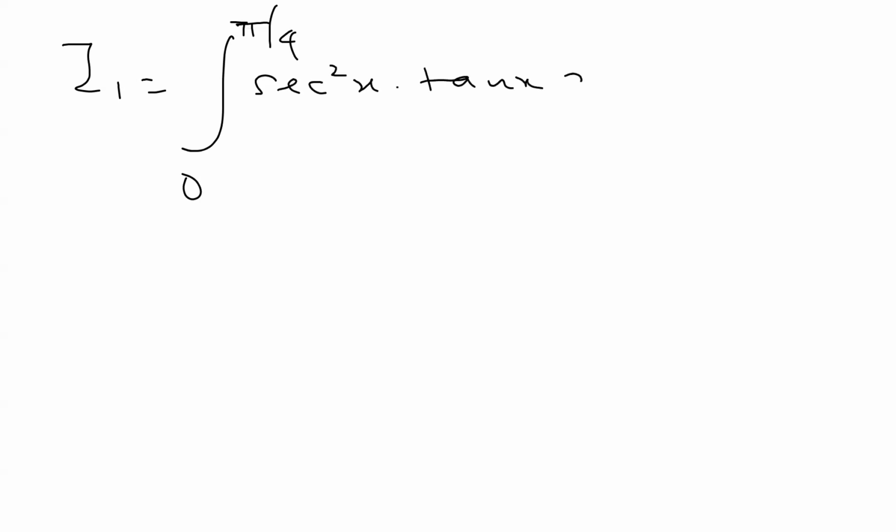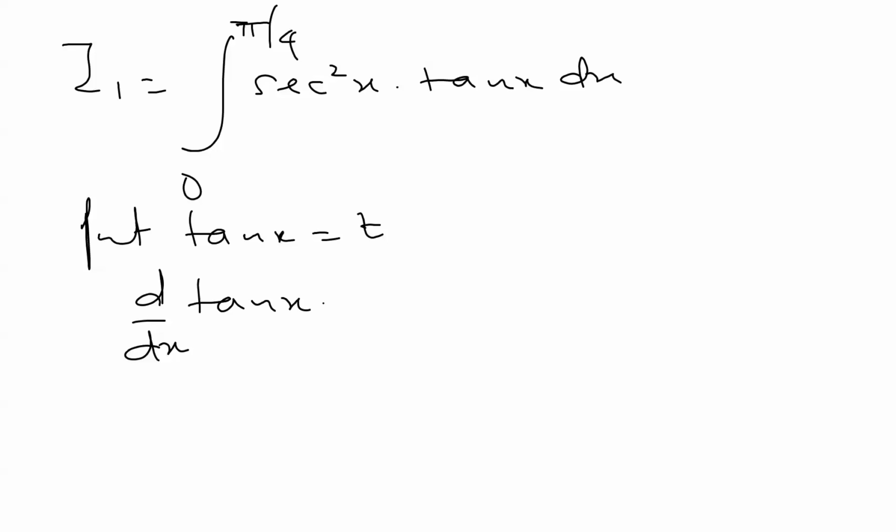We'll take I1, 0 to pi by 4, sec square x into tan x. Put tan x is equal to t. Method of substitution: the derivative of tan is present in the problem, that is sec square x, which is there in the numerator.